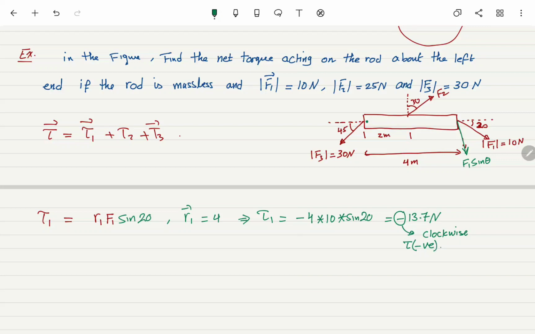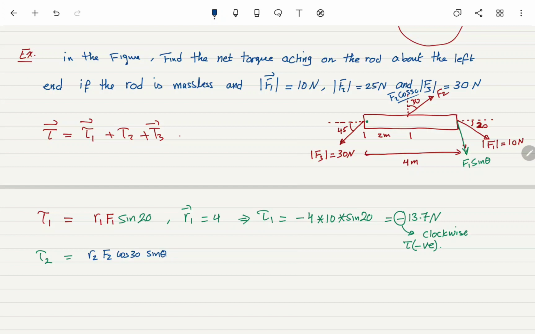Now let's move on and find torque 2. Same procedure here, and remember only the perpendicular force exerts a torque, which means F2 cosine theta. In this case torque 2 is equal to R2 F2 cosine theta. We should have sine theta, and theta here is equal to 90.